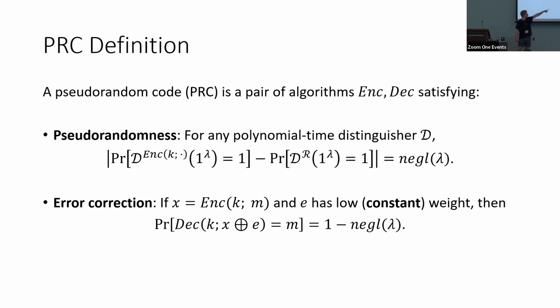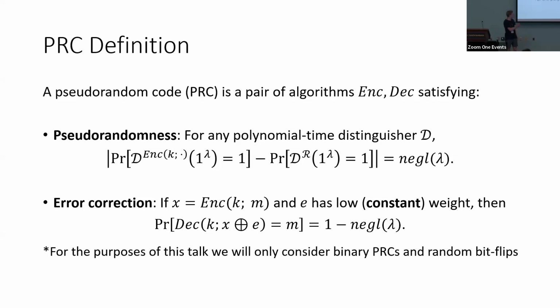So here also, I wrote E has low constant weight, but what I meant is constant fraction weight. So like a constant rate of errors, and you should still be able to decode. And that's really important for the application to watermarking. Okay. So a couple of quick notes. For the purpose of this talk, I'm only going to consider binary PRCs and random bit flips.